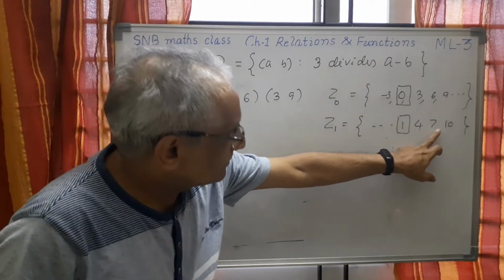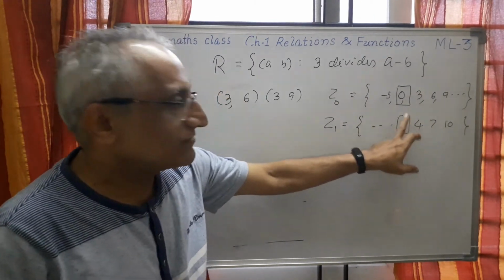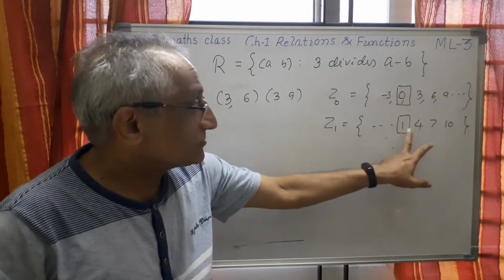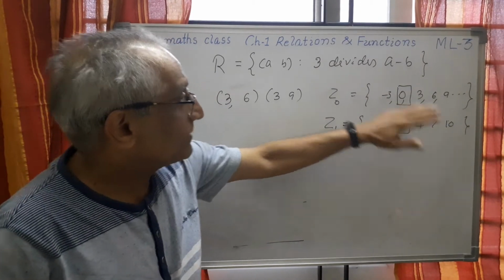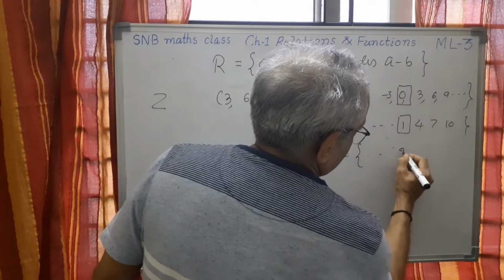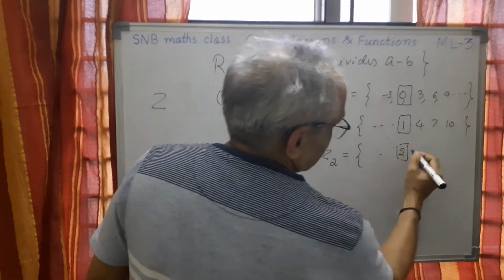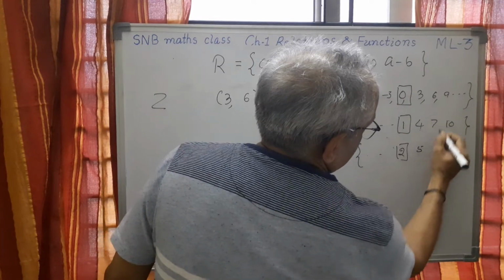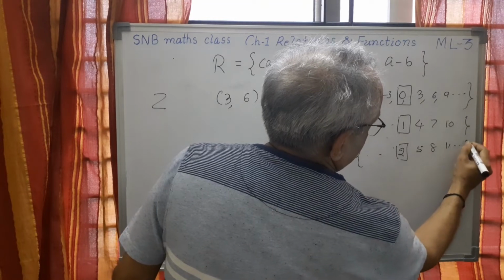If you take 7 and 1, 7 minus 1 is 6; 10 minus 1 is 9; all are divisible by 3. So this is another set. The third one I can write Z2, with first element 2, then 5, then 8, then 11, etc.